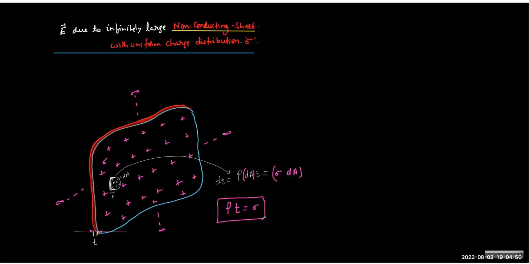And now the question is how to take the Gaussian surface. We have discussed how to draw a Gaussian surface. So what we'll do is draw the cross-sectional view only, the side view, the thickness part, and then you can draw a cylinder which is penetrating both ends.